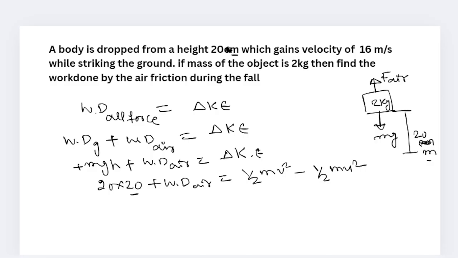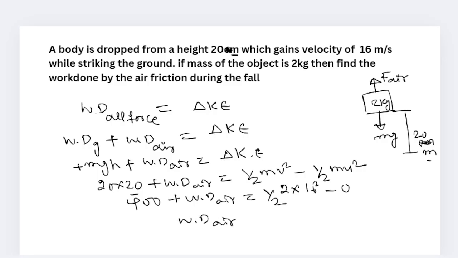So 400 plus the work done by the air friction equals half of m v squared, with mass 2 kg and velocity 16 squared. There is no initial velocity, so we put 0. After solving this, the work done by the air friction is minus 144 joules. This is the answer.